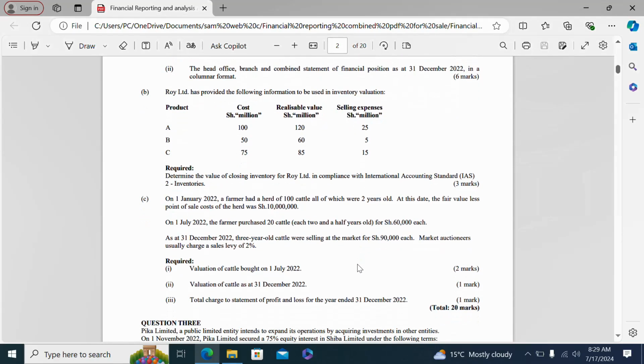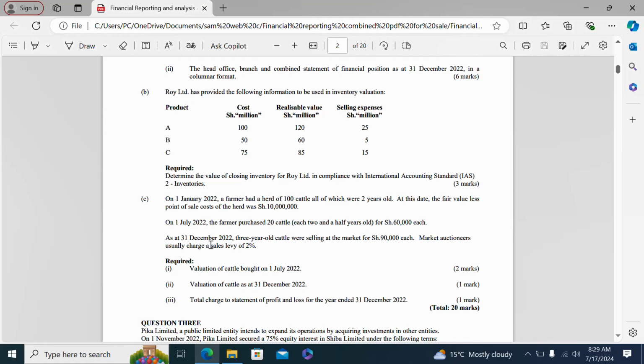Then C. On 1st January 2022, a farmer had a herd of 100 cattle, all of which were 2 years old. At this date, the farmer valued the herd at fair value less costs to sell at shillings 10 million. On 1st July 2022, the farmer purchased 20 cattle, each 2.5 years old, for shillings 60,000 each.